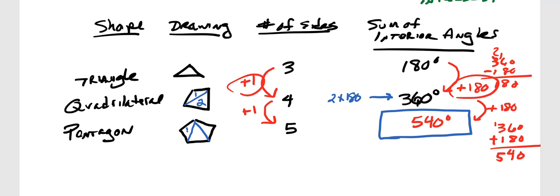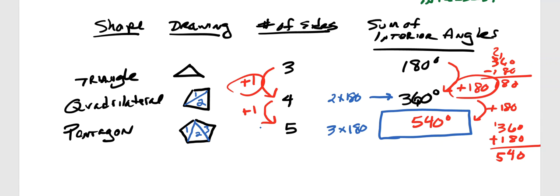It looks like I've maxed out at 1, 2, 3 triangles. Now, again, we know that each triangle is 180 degrees. So what would happen if I took 180 degrees times 3? If I multiplied that, I would get 540 degrees.